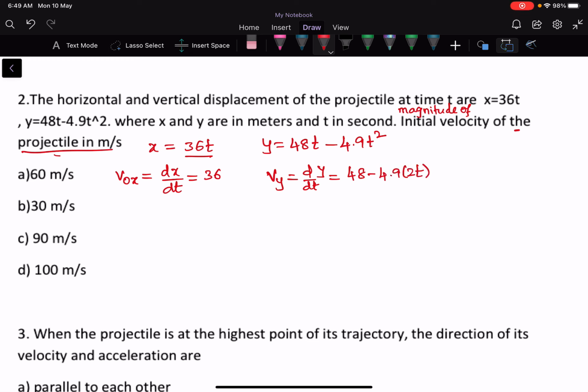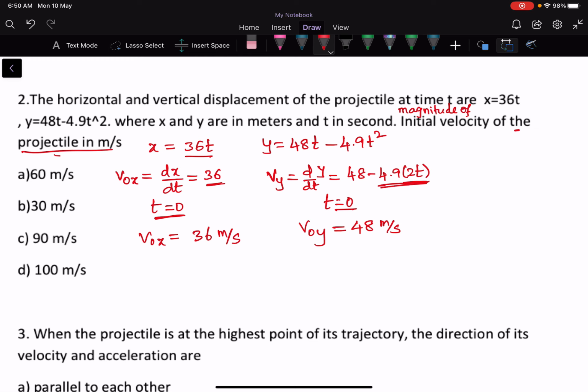To get the initial velocity, we substitute t equal to 0 in both cases. There is no t here, so we simply get v0x equal to 36 meter per second. At t equal to 0, v0y: this term goes to 0, so v0y equals 48 meter per second.